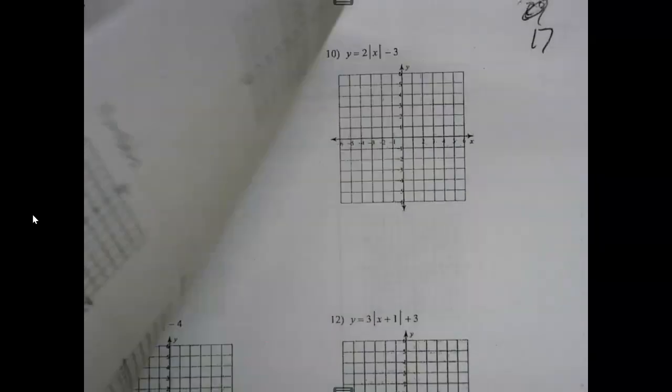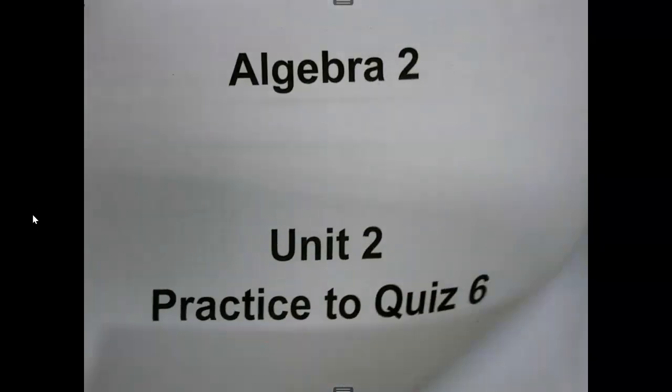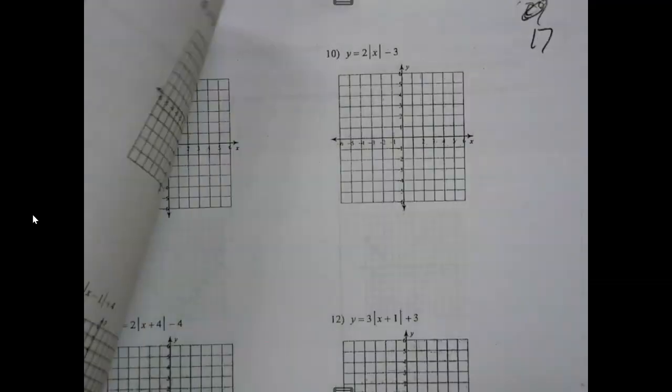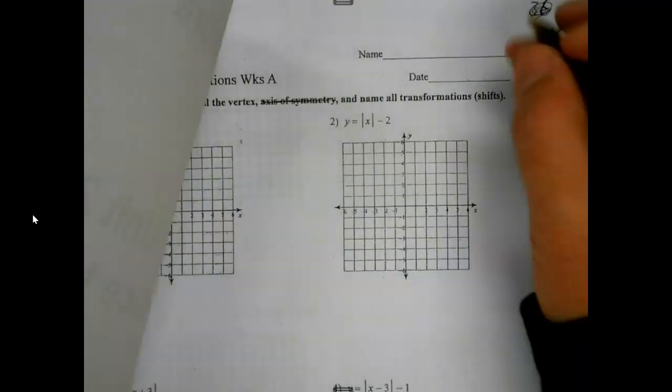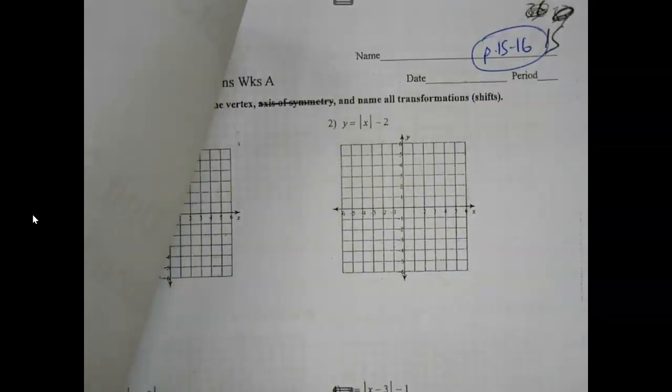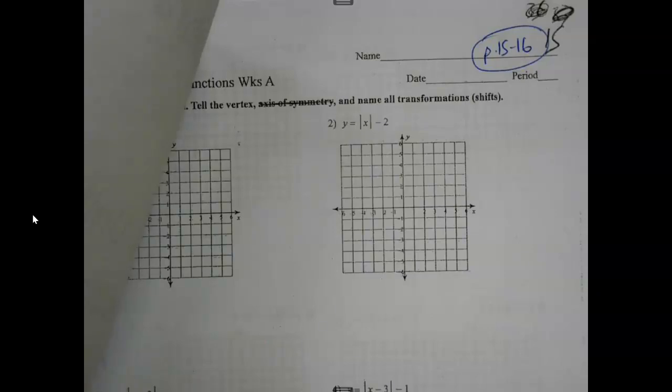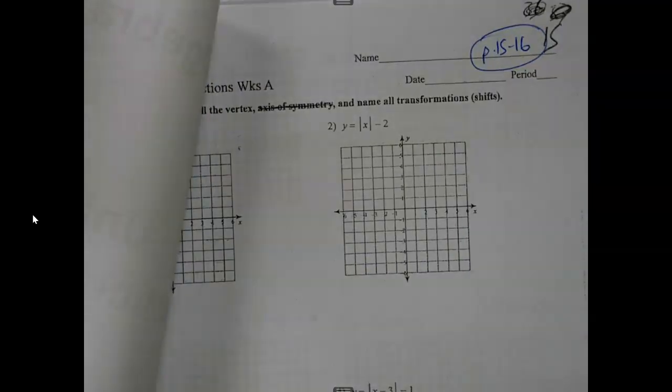I have not lost my mind, well, at least not completely. So today, I would say, we're looking at pages 15 and 16 is what I would be trying to work through. Yes, the keys are online already. 100%, that is a thing.